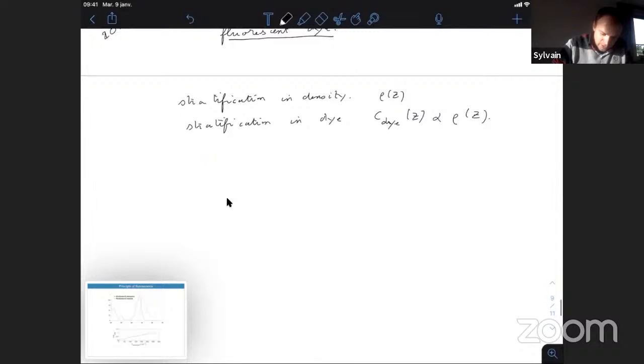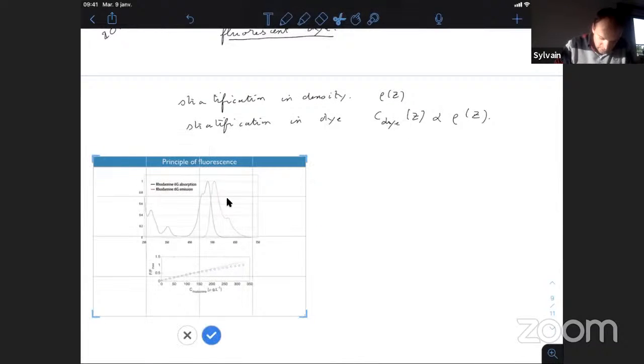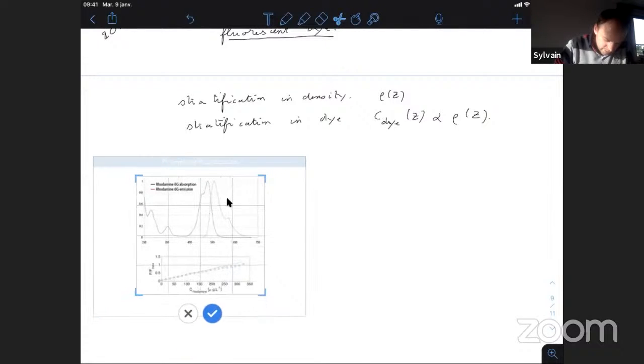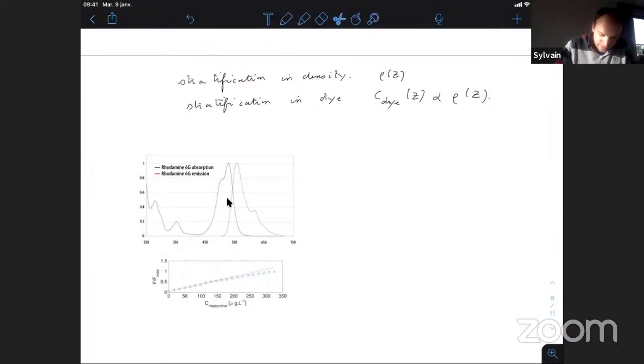So the dye here is called rhodamine. You have absorption of the dye at a wavelength, and it was the wavelength used by the laser for PIV. So the laser was a green laser at 532 nanometer.